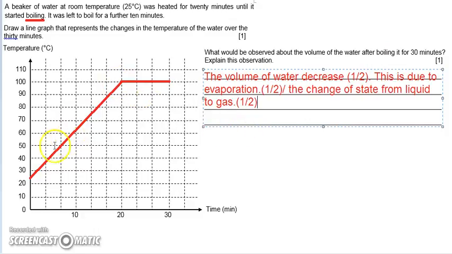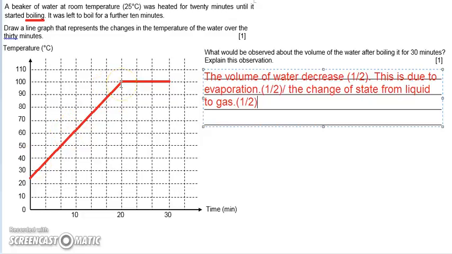Because over here, we know that when water gains heat, it evaporates. Evaporation occurs at various temperatures, so it already starts to evaporate at these points.